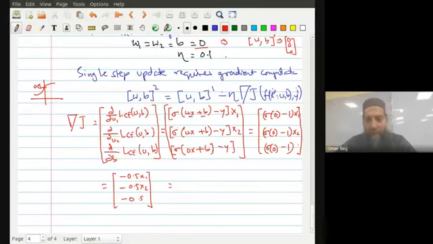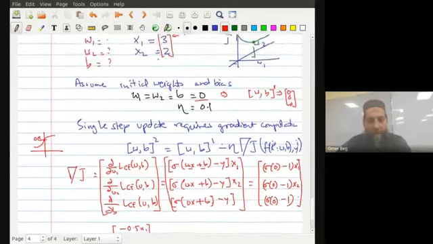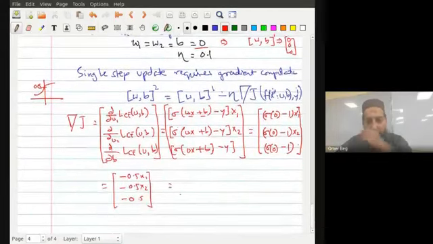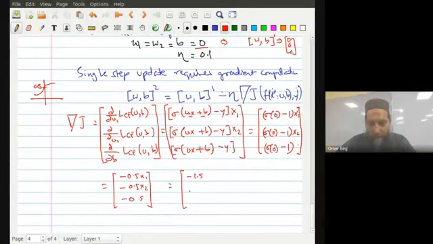We know the values of x1 and x2 were 3 and 2. So this becomes minus 1.5, this is minus 1.0, and this is minus 0.5. So this is the gradient that we get.